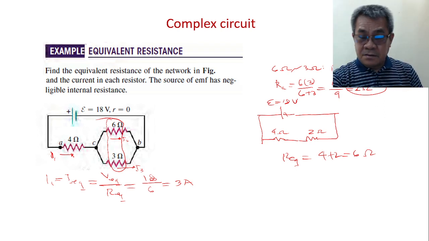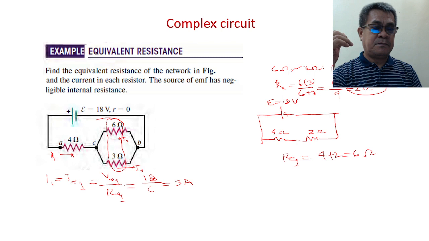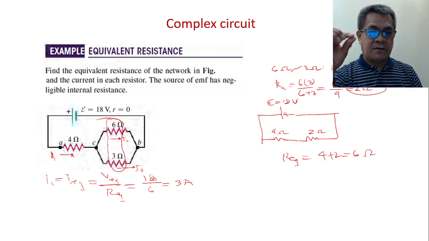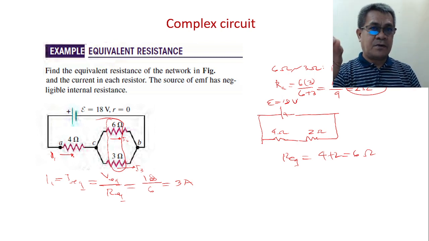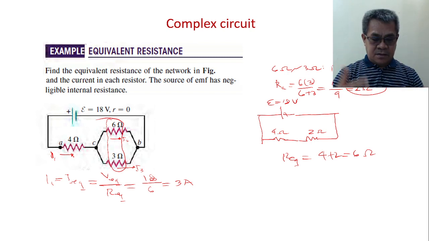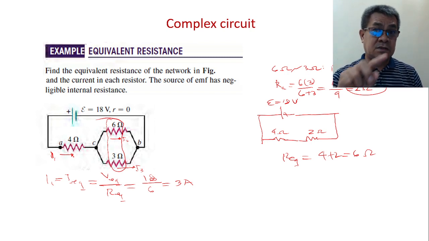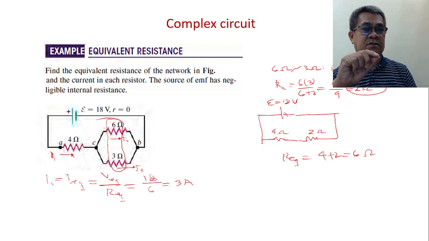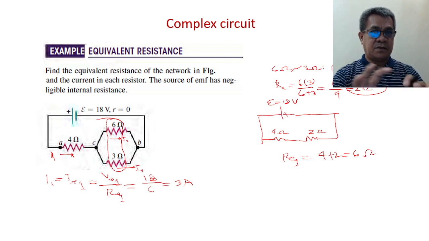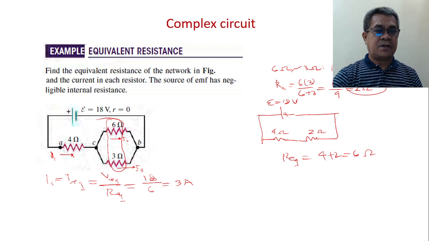Okay. Did you see the process? If you know the principle in series and the principle in parallel, no matter how complex the circuit is, you can consistently solve it if you have this idea of series and parallel.